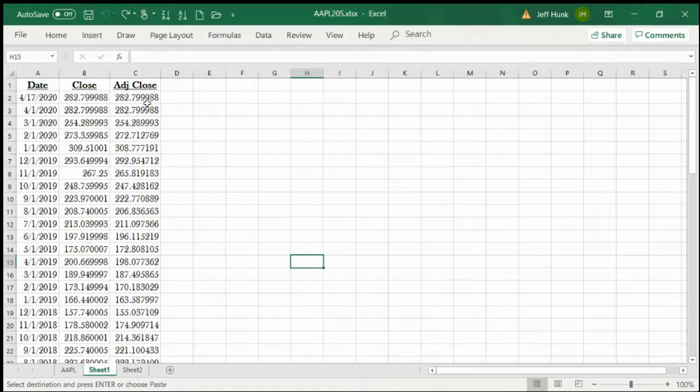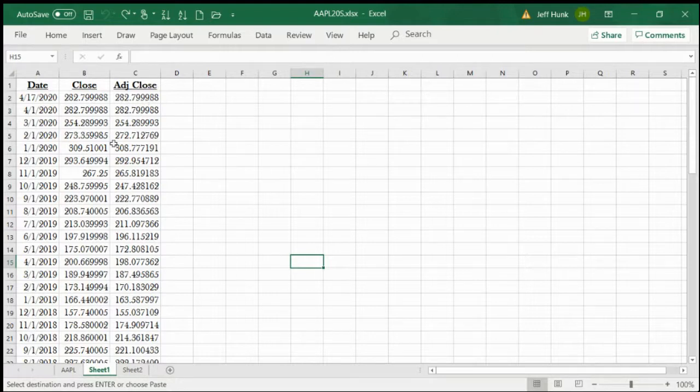Now you remember stocks pay dividends quarterly, every 3 months, right? And you saw that before we downloaded the data. On the Yahoo Finance web page, it was quite obvious. It was showing you the dividend payments every 3 months.